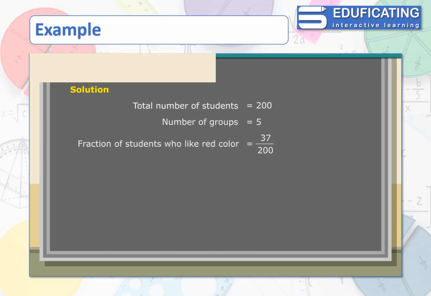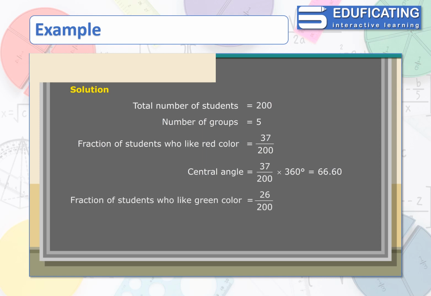Fraction of students who like red color is equal to 37 upon 200. Central angle is equal to 37 upon 200 times 360 degrees, which is equal to 66.6 degrees. Fraction of students who like green color is equal to 26 upon 200.